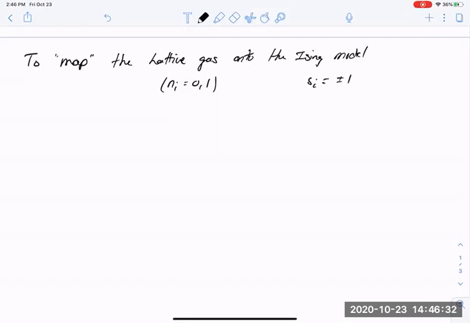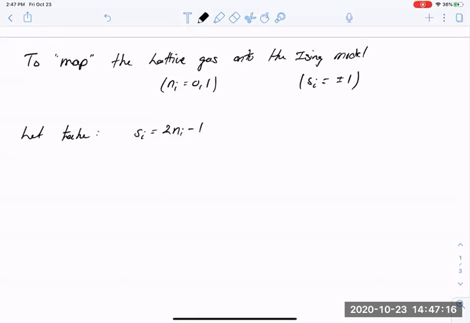So both can exist locally in one of two states. If we take a mapping between each of those two states which is linear and unique, we could, for example, say that s_i is equal to twice n_i minus 1. That means that for each n_i, I return a unique s, and that s maps to the existing s's of the Ising model.